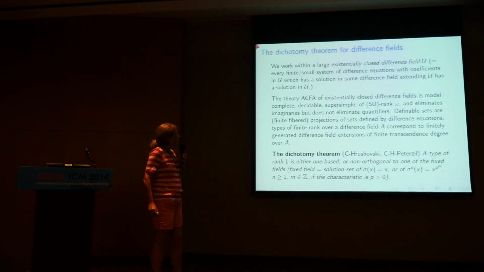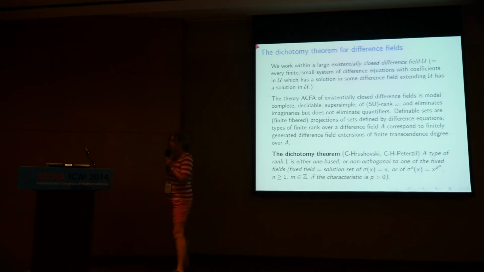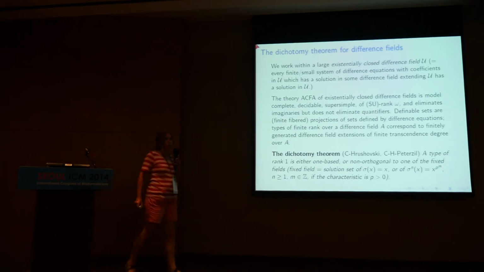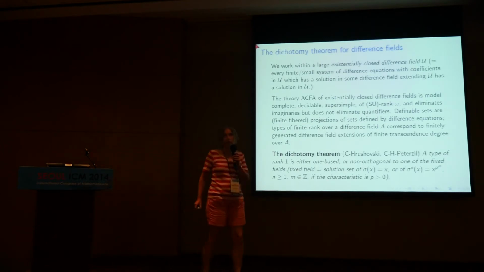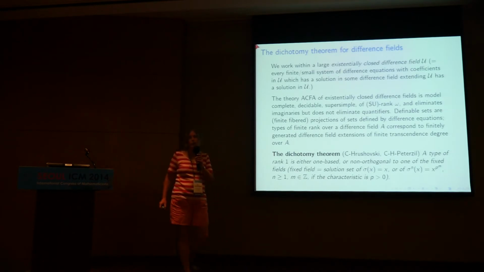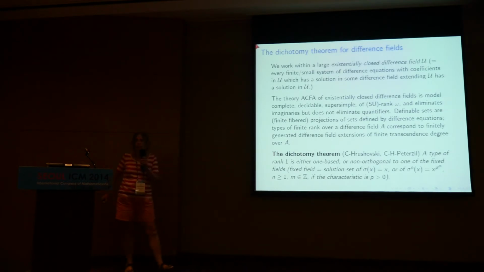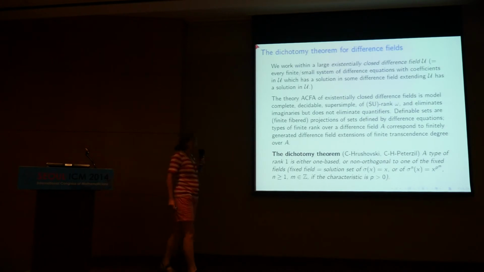Okay. So these fields are known to exist just by general nonsense. They are very useful. They play the role that C would play for algebraically closed fields of characteristic zero. Namely, it's a big field in which anything that can happen happens.